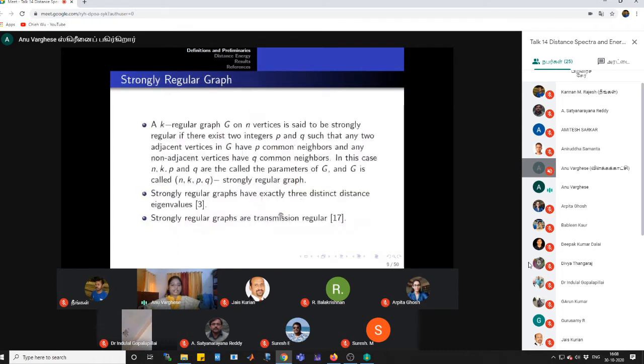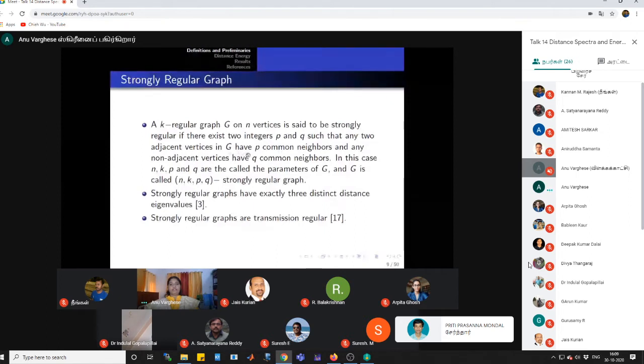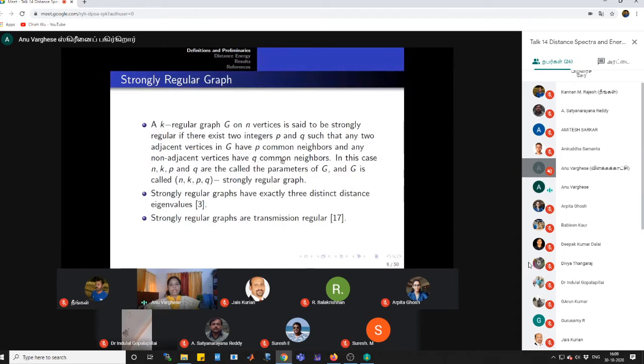Now we consider a strongly regular graph. A strongly regular graph is a regular graph, a k-regular graph, and it is said to be strongly regular if there exist two integers, p and q, such that any two adjacent vertices have p common neighbors and any two non-adjacent vertices have q common neighbors.